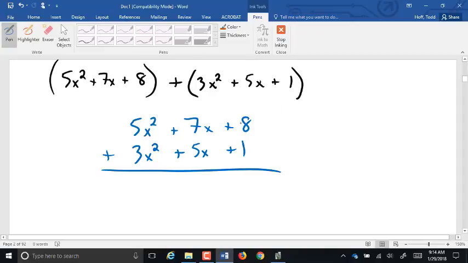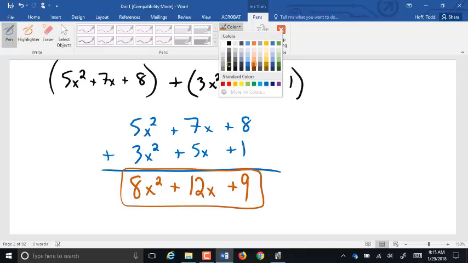So we'll start at the right and work our way back to the left here. 8 ones and 1 one make 9 ones. 7 x's and 5 x's make 12x plus 1 plus 5x squared and 3x squared makes, careful, 5 plus 3 is 8x squared. Just like adding whole numbers.